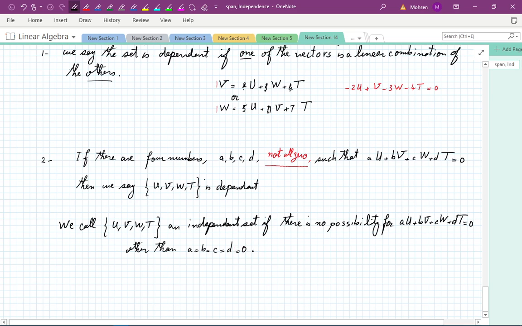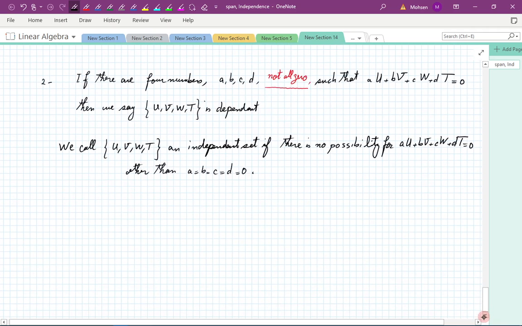Okay, so a little bit of a subtle definition. It's a little bit of a tongue twister, but it is easy to master after a few exercises.